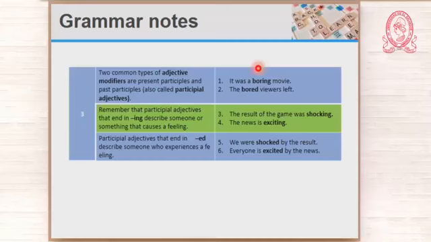Boring is a modifier, but you know that boring comes from a verb, and it is in the ing form. You have the verb bore, and here you have boring. In this case, it is not working as a verb. What is it?